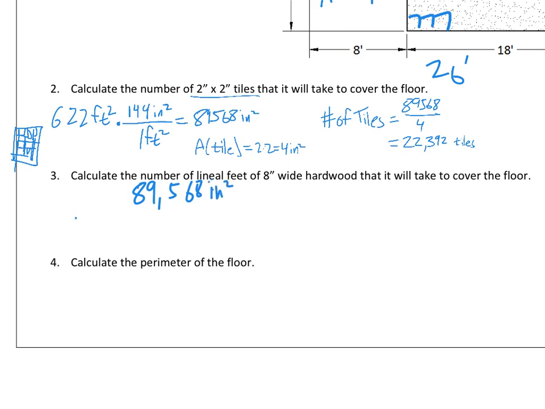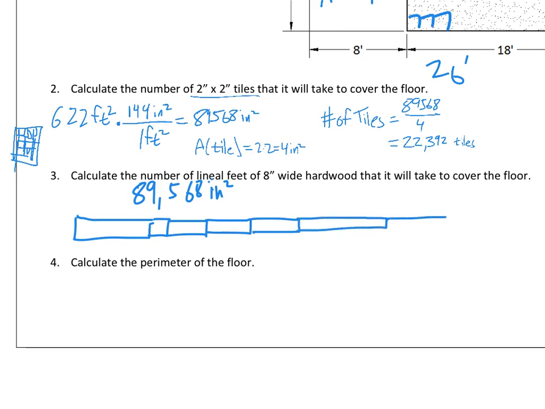Now, when you buy hardwood, you get boxes that have a whole bunch of different lengths. And if you were to put all these different lengths of wood boards end to end, we'd have a big rectangle.